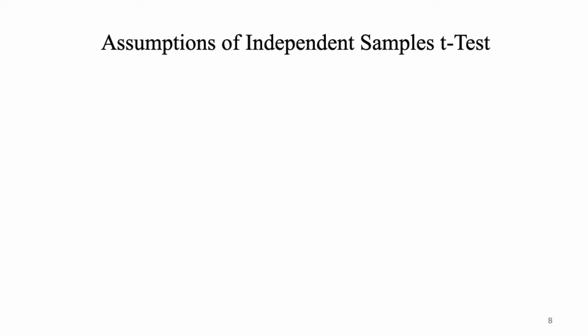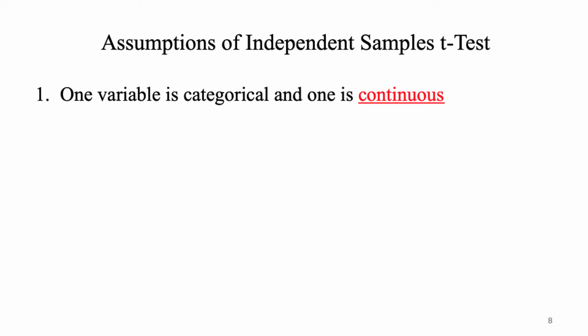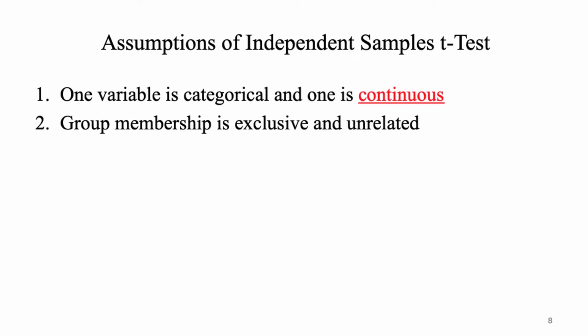All right, so one assumption of the independent samples t-test is that, as we've already mentioned, one variable must be categorical and the other variable must be continuous. That is, one variable is categorical and one is continuous. Group membership is exclusive and unrelated. So in the previous example, you're either in the category of females or males.